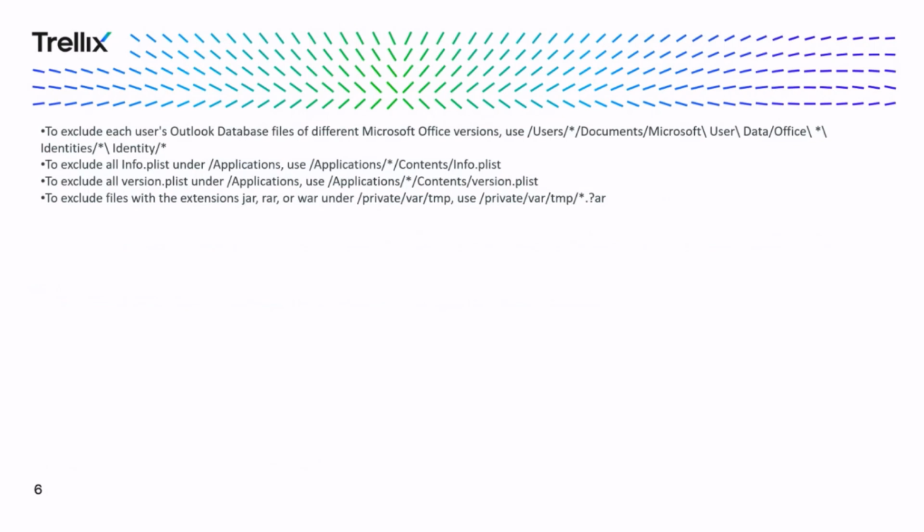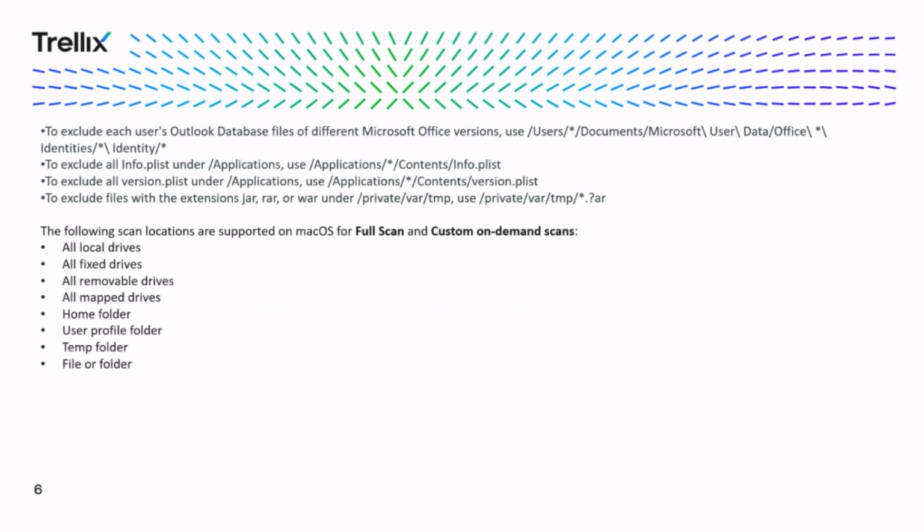As you can see, to exclude the files with extension jar, rar, or var, we can use a wildcard question mark, where we are defining the directory under private var temp location, only specific to that directory. Asterisk dot question mark ar. The question mark is a wildcard where it can take J, R, or V from the jar, rar, and var extensions.